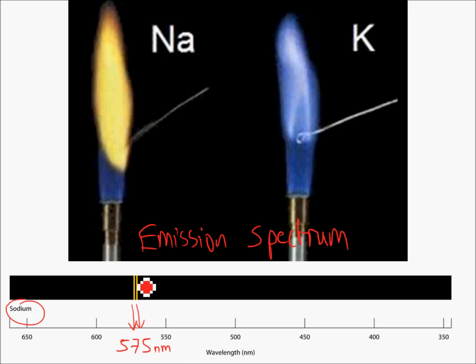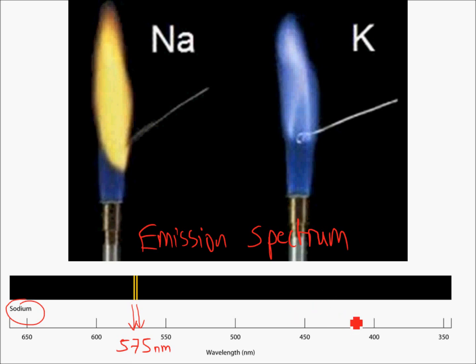wavelength. And there are two very characteristic wavelengths here, and there is no light given out across the entire rest of the spectrum. If we did the same for potassium, we'd find something different, and this line here would be in the more purpley lilac region, which would actually be a shorter wavelength, higher frequency.